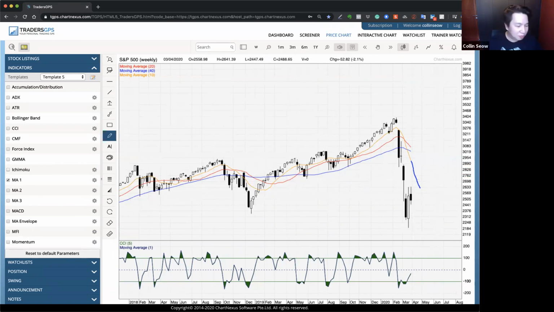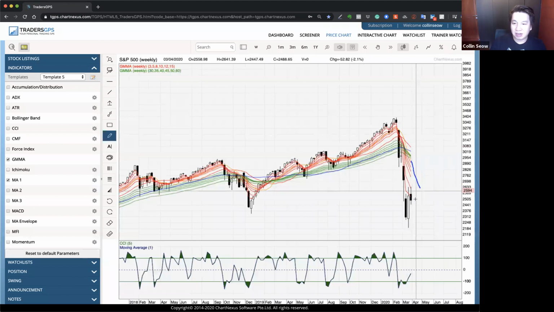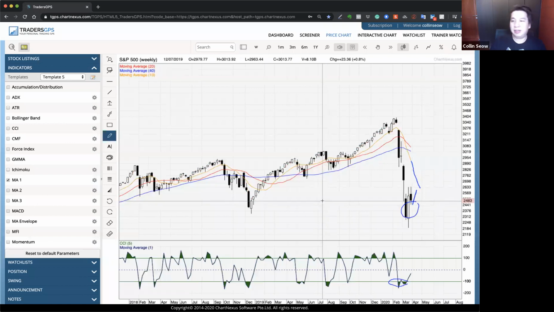Okay, good. Any question on the weekly charts? Trend is down, right? The GMMA is telling us that the trend is down, and now it's oversold, and this candle may shoot up. The 10 MA will help guide us down. Any question?